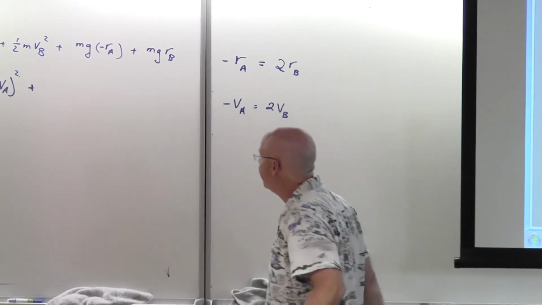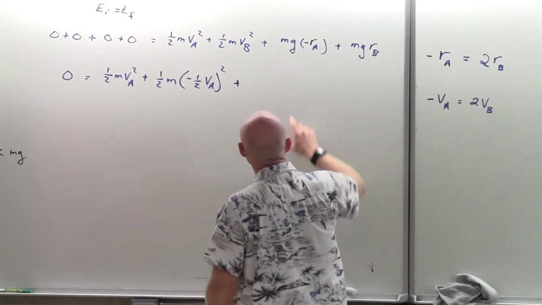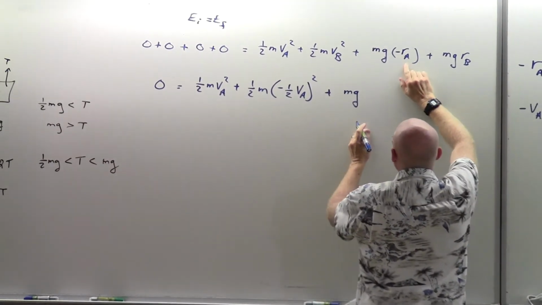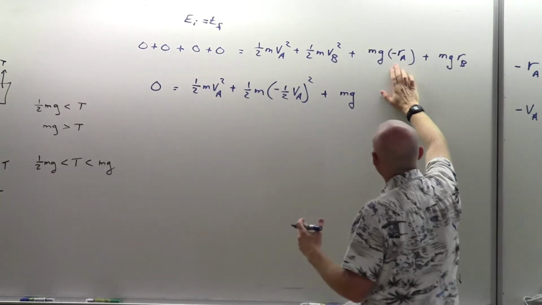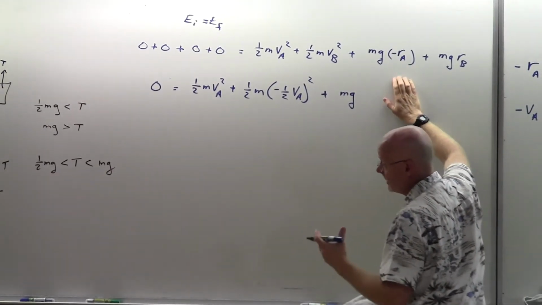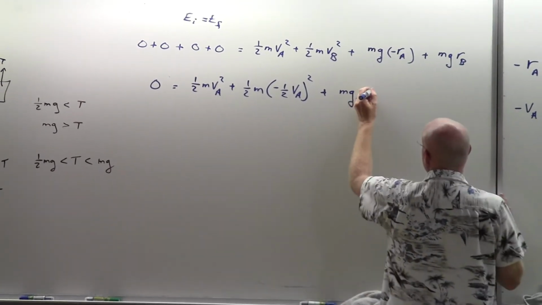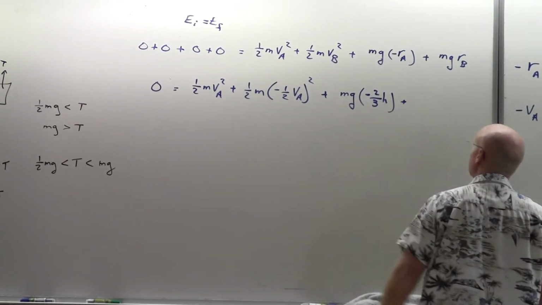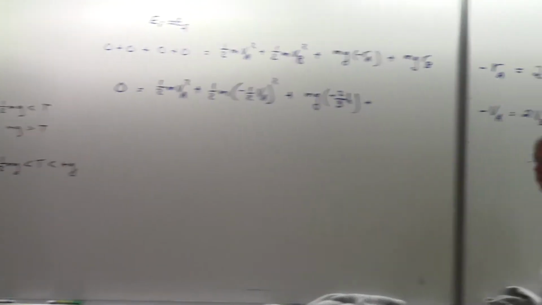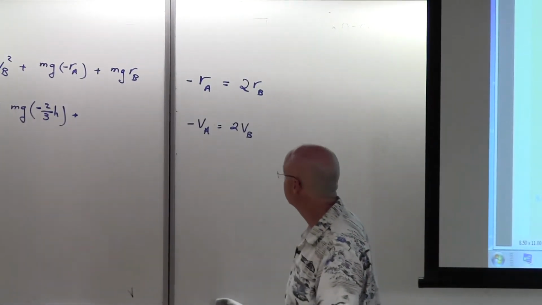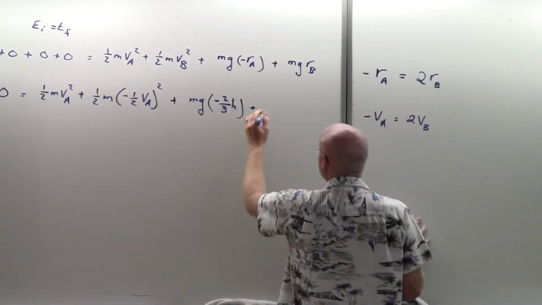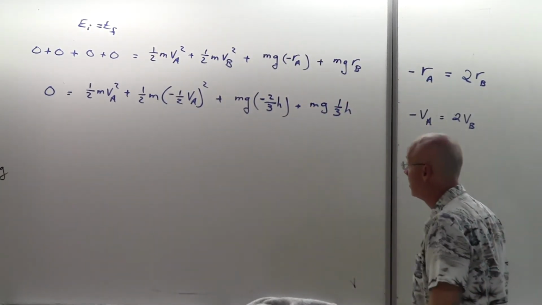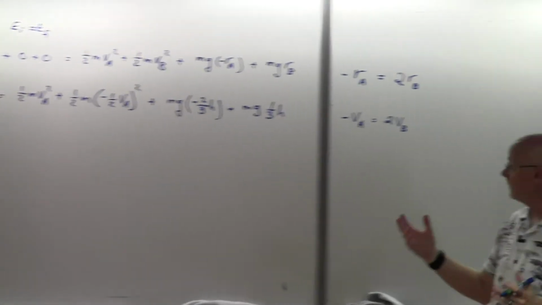All right. So knowing that, I could come over here and write this as an mg. And as this is saying, this is negative of the distance it went down. And of course, now we just see it went down by 2/3 H. And the other one went up 1/3 H. Now, I think I have it.